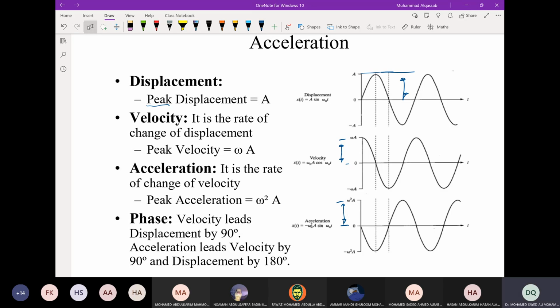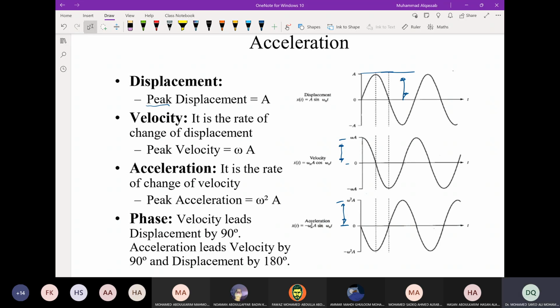And you can see how those values are changing depending on the value of omega. Okay, so A, let's say it is in millimeter and omega in radian per second. Then at high frequencies, A is very small, but acceleration is very, very high because it is omega square A.